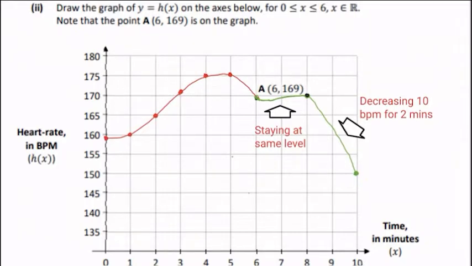Okay, so let's see. We have to match up over here with our 2, onto 8 minutes from 6 to 8. But you cannot really go straight across here because we have a curve, and you have to bring it back around like that, and then a decrease of 10 BPM for the next 2 minutes.